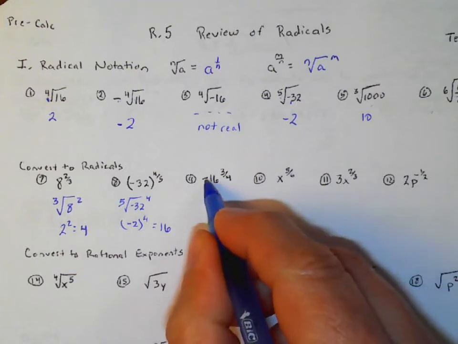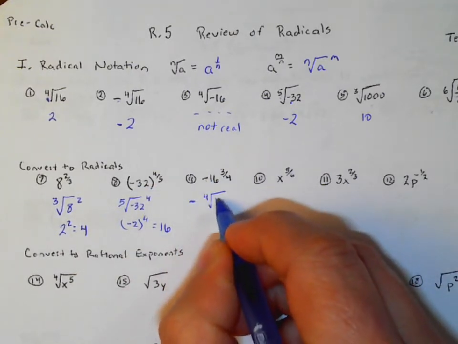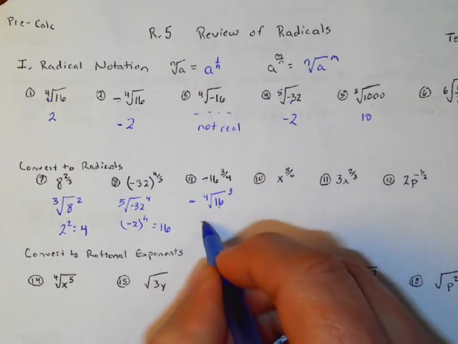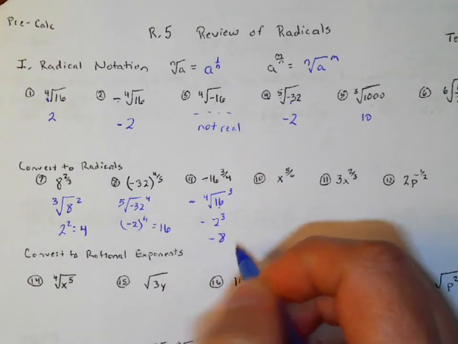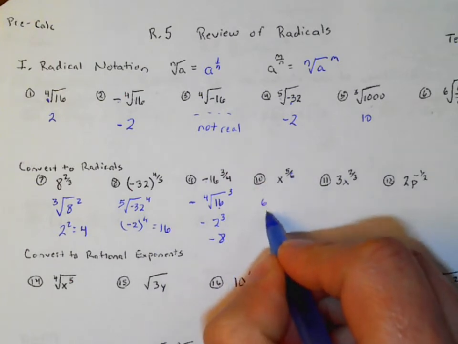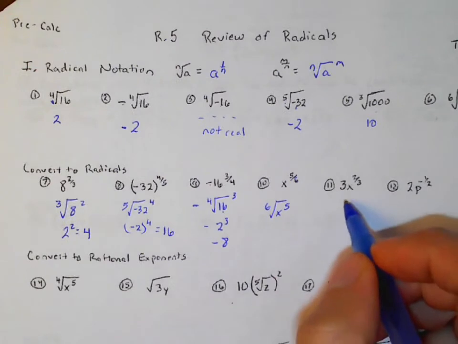Remember, if the negative is not inside the parentheses, that stays outside. So we have the fourth root of 16 to the third. Fourth root of 16 is 2, so we have negative 8. That's a 6 right there. So this would be the sixth root of x to the fifth. We're done, can't simplify.